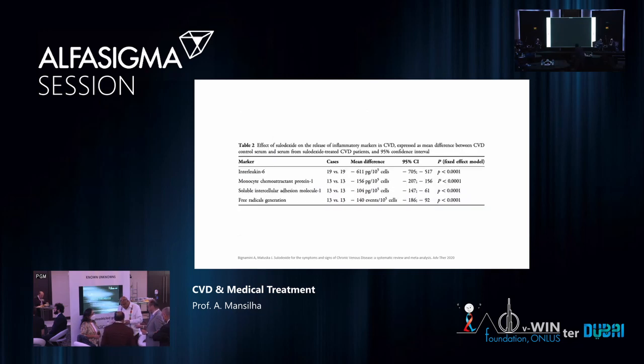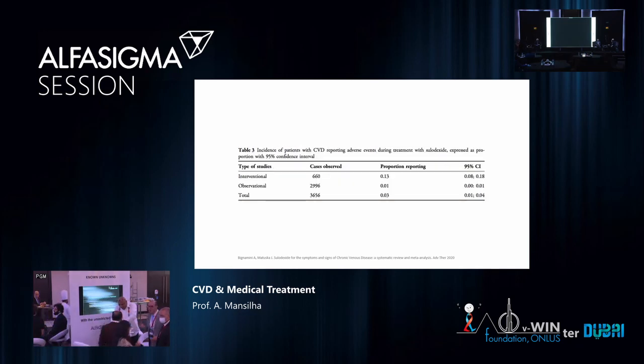In the same publication, it is also possible to read and analyze the effect of sulodexide on the release of the inflammatory markers in chronic venous disease, and also the extremely low incidence of patients with chronic venous disease reporting adverse events during this treatment with sulodexide.